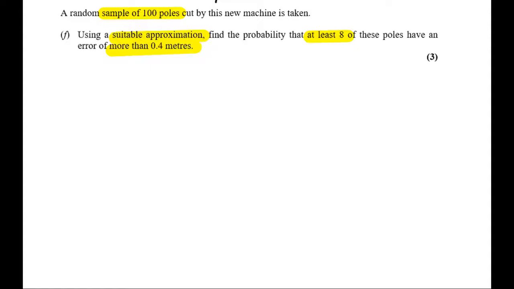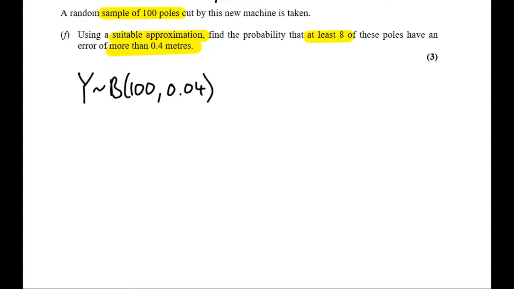More than 0.4 is the probability that I just found, that small probability of 0.04, and here n is going to be 100. So Y follows a binomial distribution where n is 100 and the probability of success is 0.04.